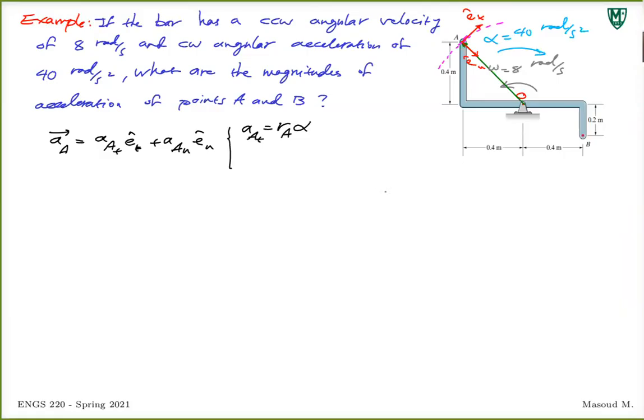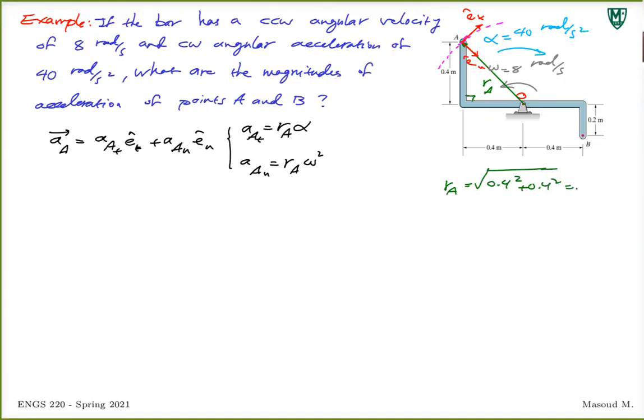They're part of the same rigid body. And a_n would be r_A omega squared. Now we know alpha and omega. We don't know r_A, which is this distance, but this is a right triangle, so we can find r_A. So r_A is the square root of 0.4 squared plus 0.4 squared.